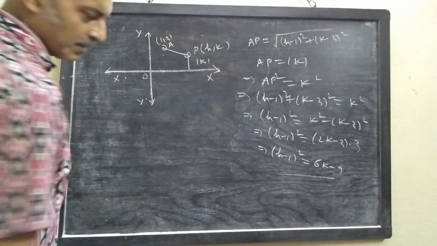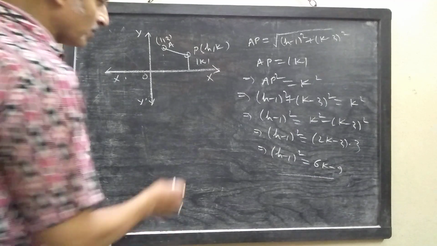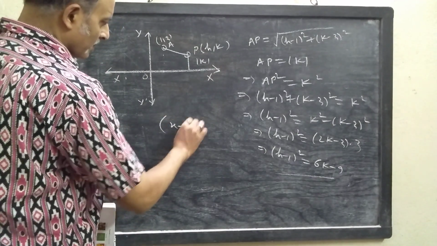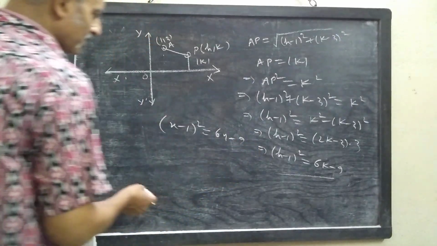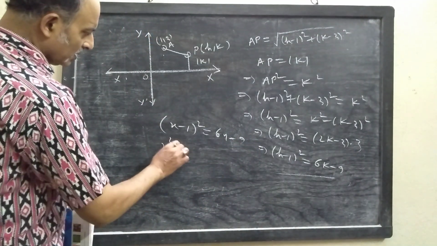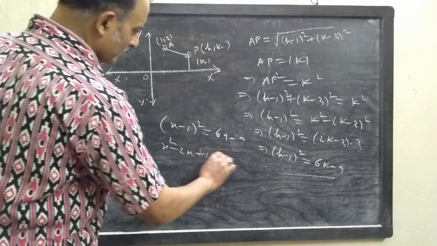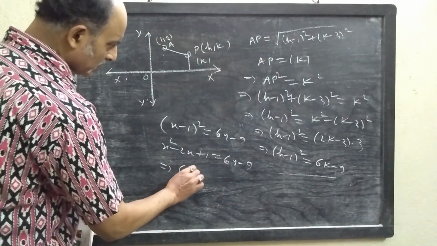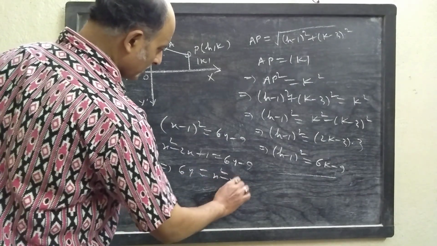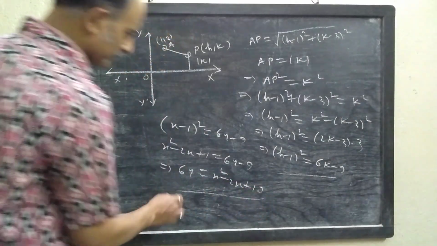So the equation to the locus will be (x minus 1) whole square equals 6y minus 9. Or rather you can write in this way also: x square minus 2x plus 1 equals 6y minus 9, or 6y equals x square minus 2x plus 10.